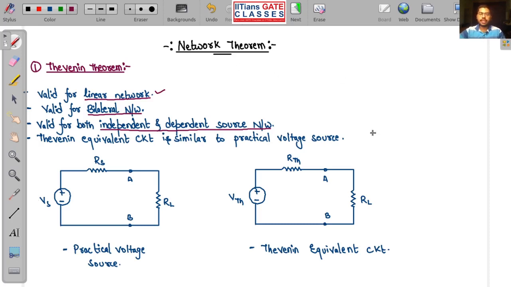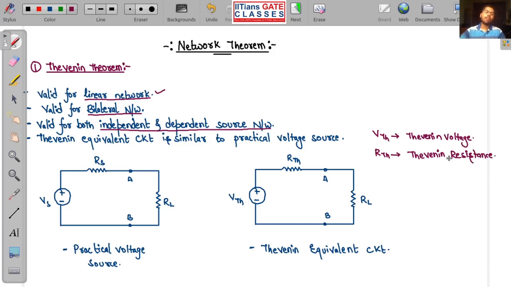This VTH is known as my Thevenin voltage. With the help of questions we are going to see how to calculate Thevenin voltage, and this RTH is known as Thevenin resistance.